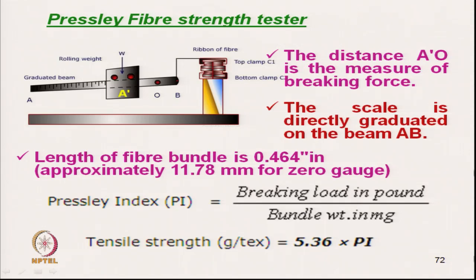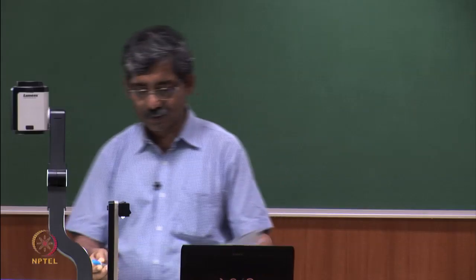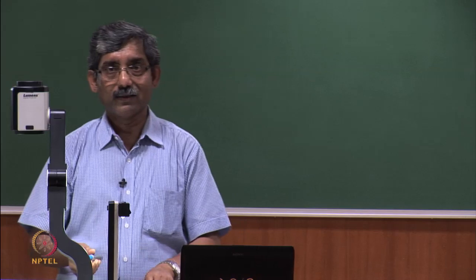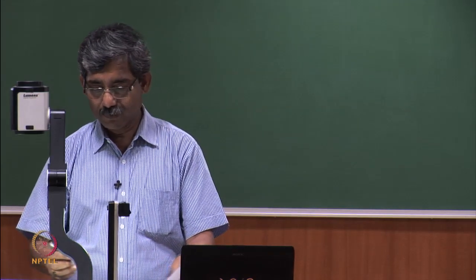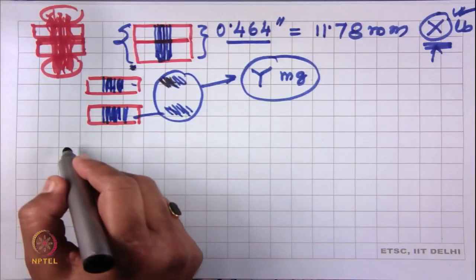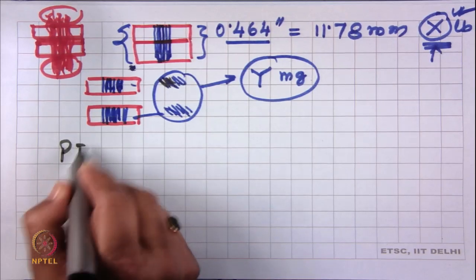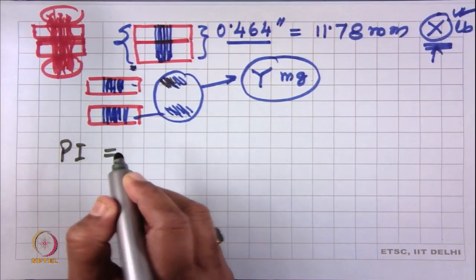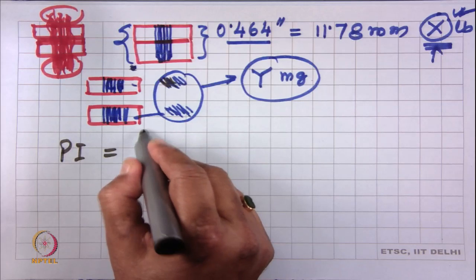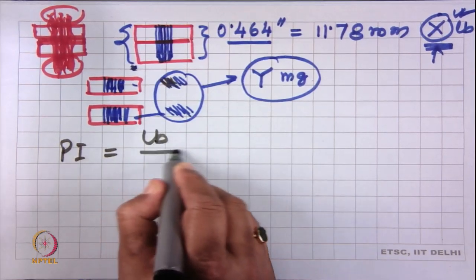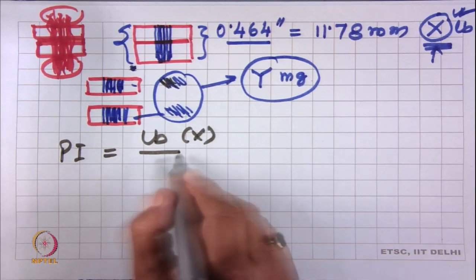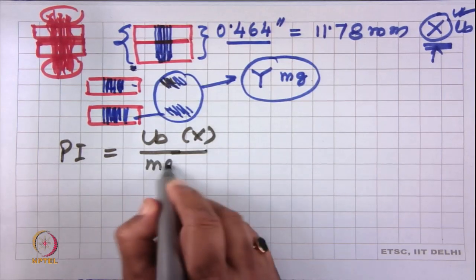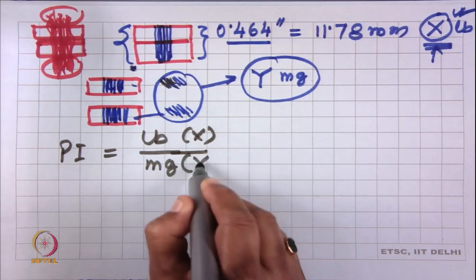Now, let us try to see how this 5.36 value we can achieve. Okay. So, what it is showing, the Pressley index is nothing but the breaking load in pound, which is x, and the mass in milligram, which is y.